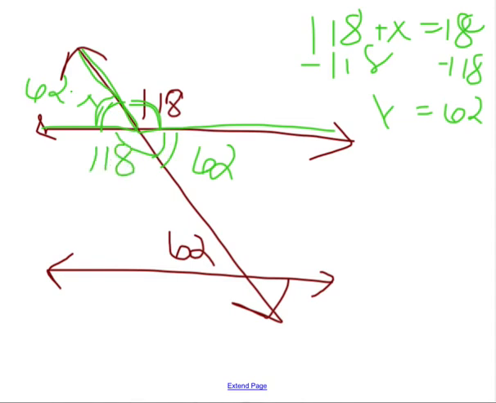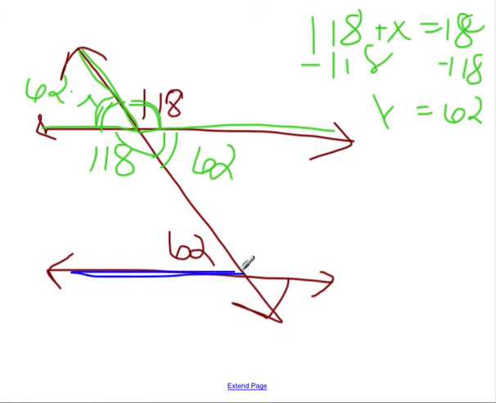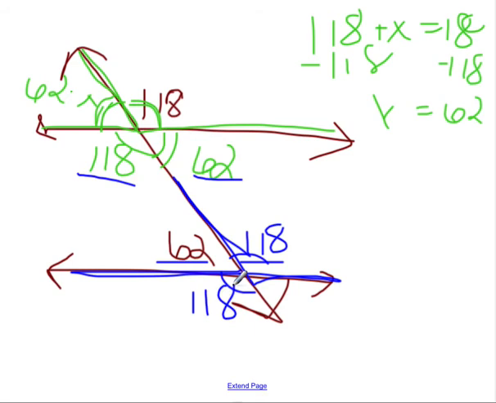Taking a look at the bottom, this angle and this angle make up a line, so this plus this needs to add up to 180. Up here we already discovered that 118 plus 62 is equal to 180, so I can put 118 there. Again, these two are vertical angles, so this one also has to be 118. These two are vertical angles, so this also has to be 62.